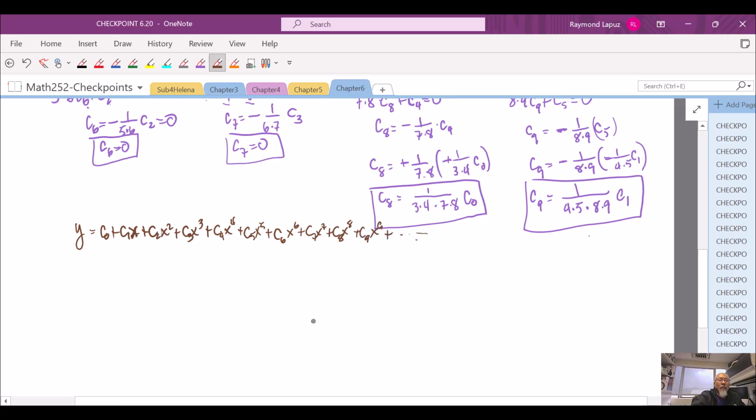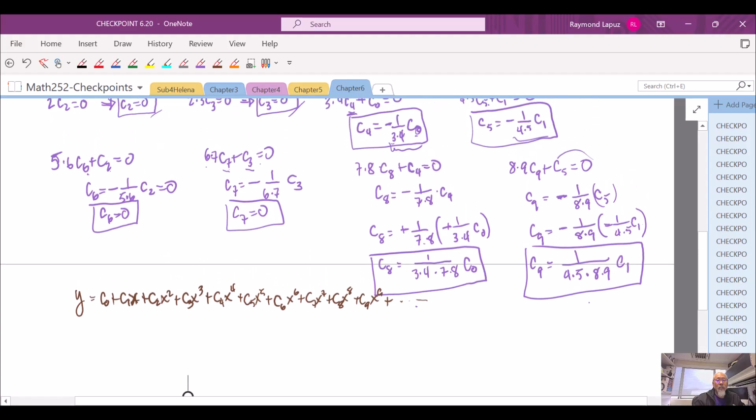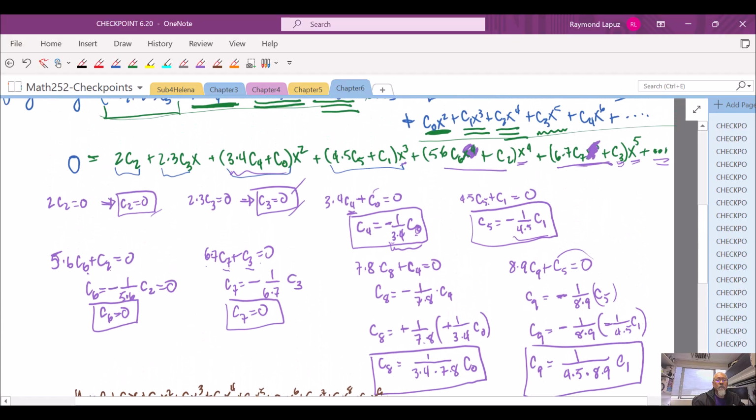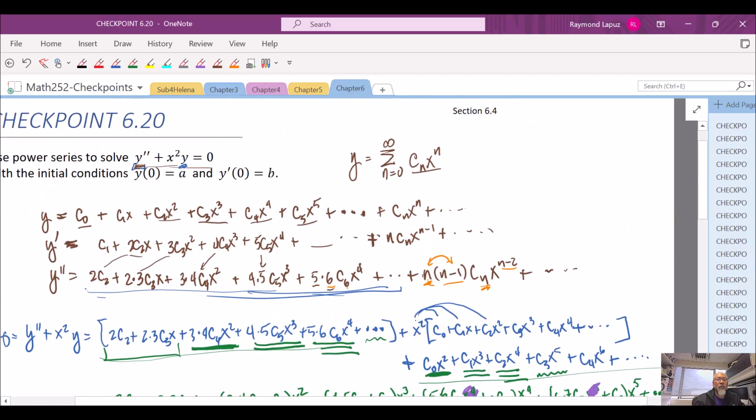All right, now if we actually put in our values, I think at this point we can actually use our initial conditions already.